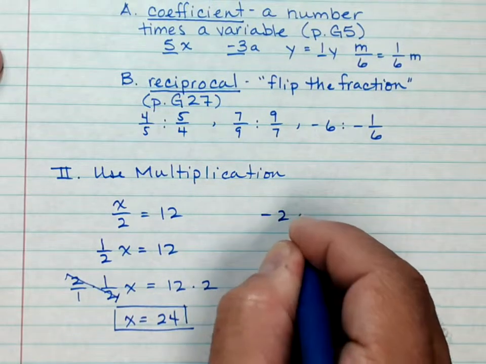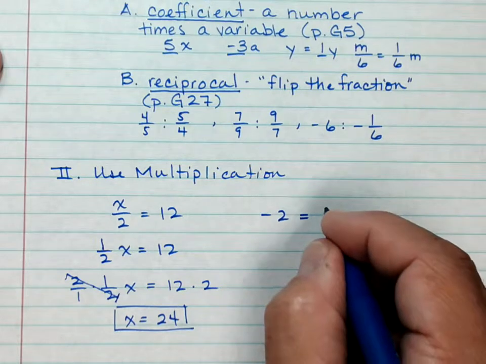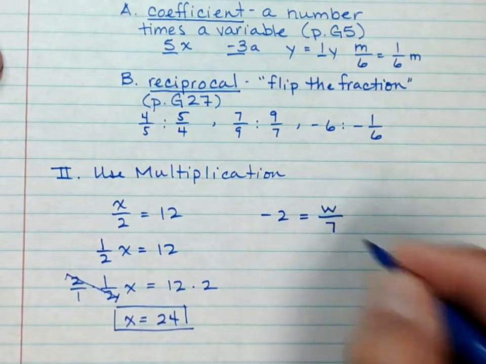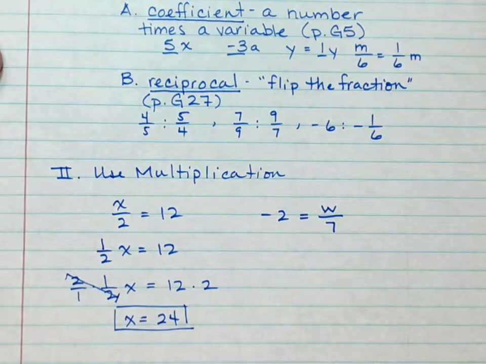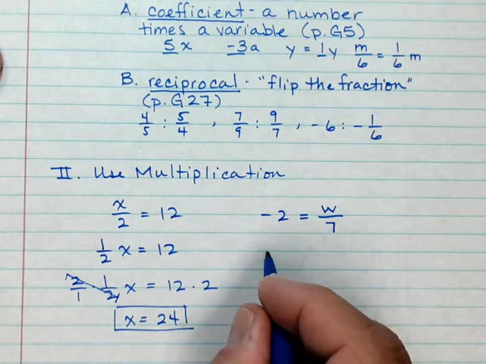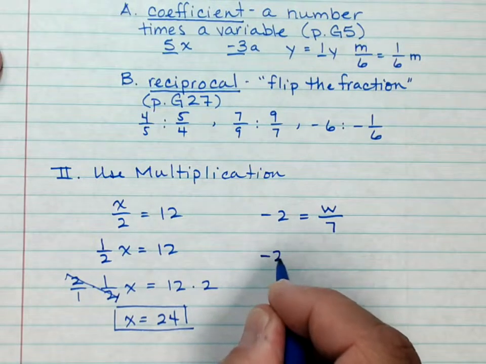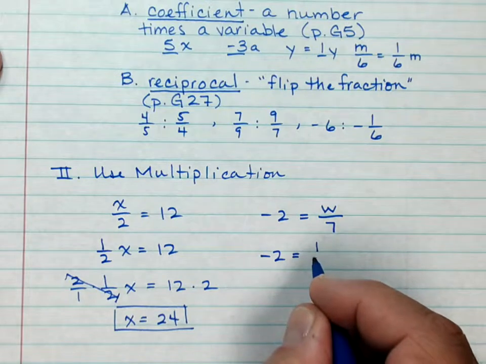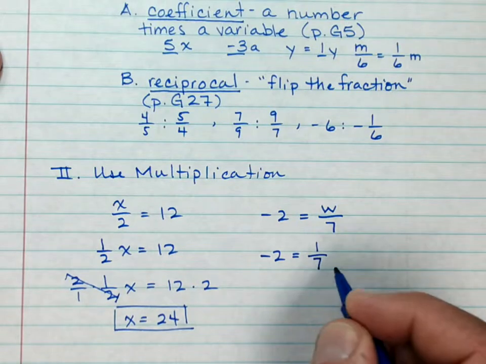Negative 2 is equal to w over 7. So again, the question you have to ask yourself when you're doing your homework is, what is the reciprocal of the coefficient? Well, w has a coefficient of 1 over 7.